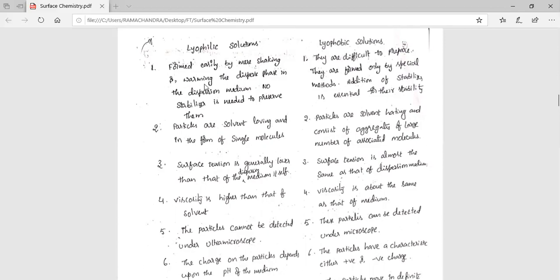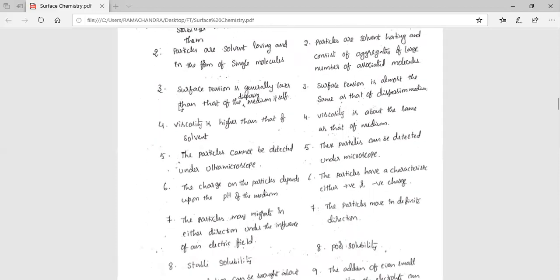So no stabilizers are needed to preserve them. Coming to the lyophobic solutions, they are difficult to prepare. They are formed only by special methods. So they require stabilizers for their stability.